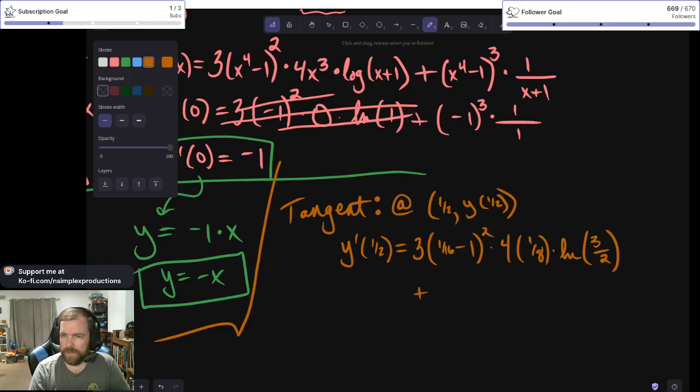Okay, plus same thing here. It's going to be 1/16 minus 1 cubed times 1 over 3/2. So 2/3.